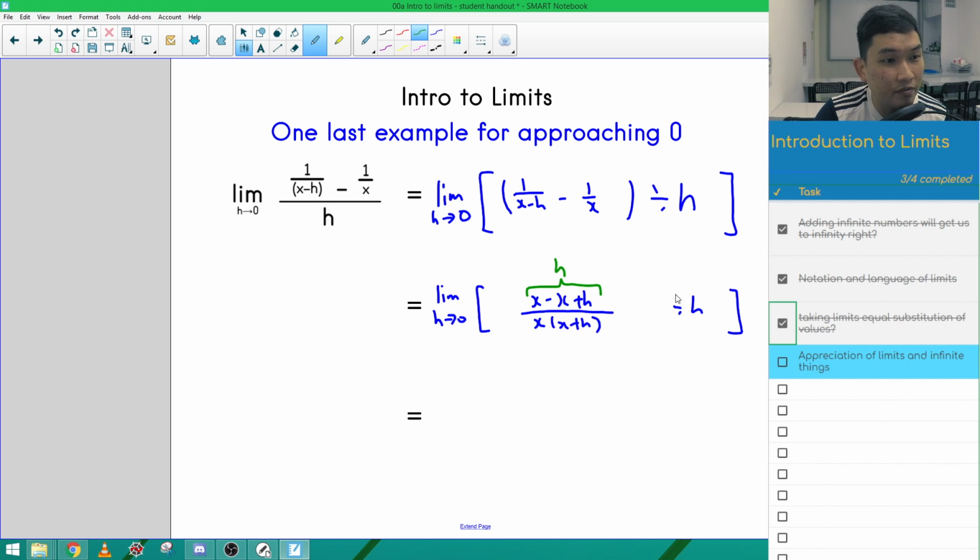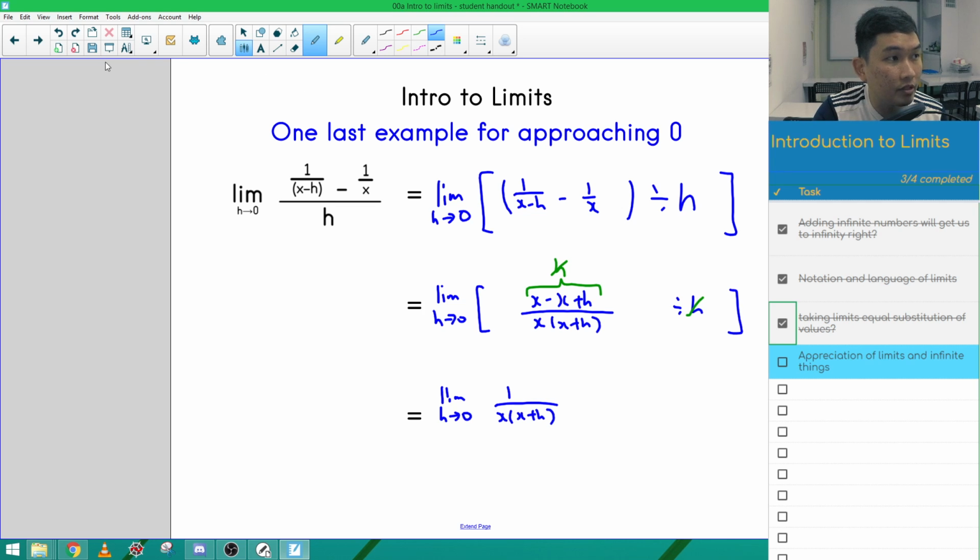If I take this fraction and divide by h, I can cancel the h's, and my fraction reduces to 1 over x into x plus h. If you don't have enough time to copy this down, you can just pause the video.